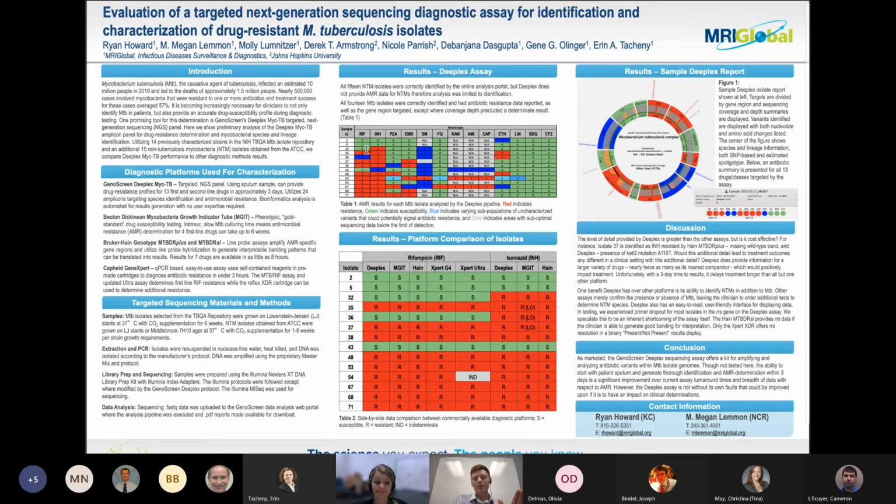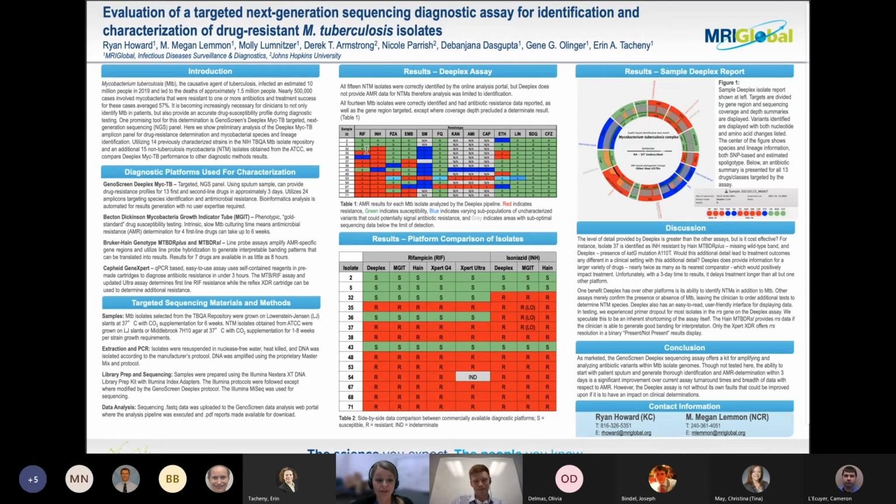And it's also very expensive to do this kind of testing, so you want to use the best assay available and make sure you get it right the first time. This assay is a step in the right direction for that, and we wanted to evaluate it. So I'll let Megan talk about exactly how we went about comparing, and the materials and methods.